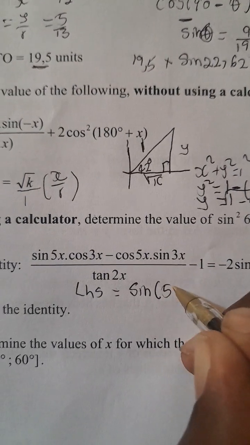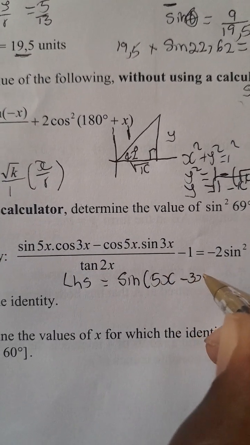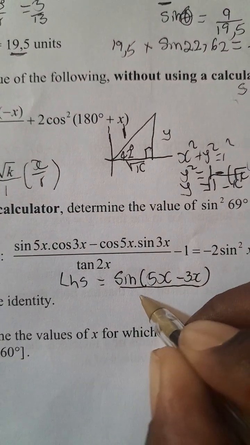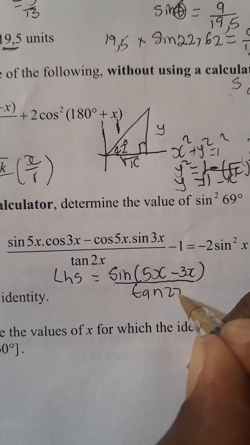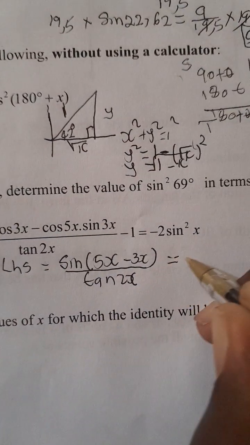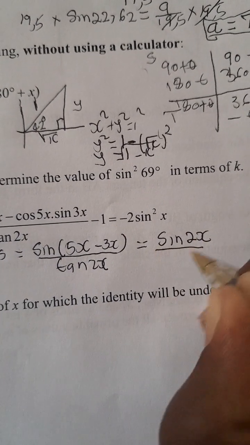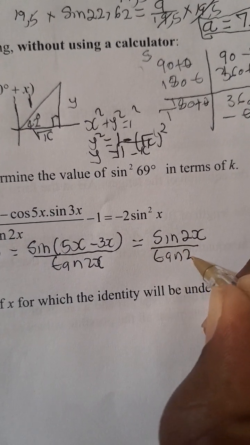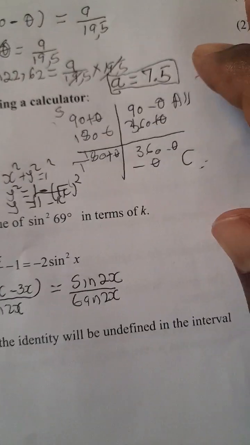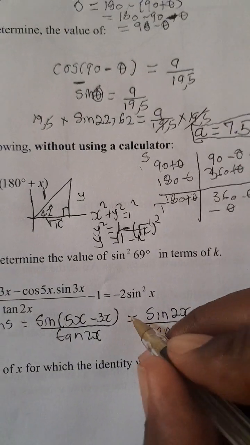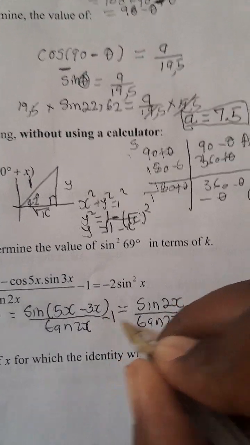So it will be sine of 5x minus 3x, divided by tan 2x in this case. So what is 5x minus 3x? It will be sine 2x divided by tan 2x. Don't forget that there is minus 1 here.